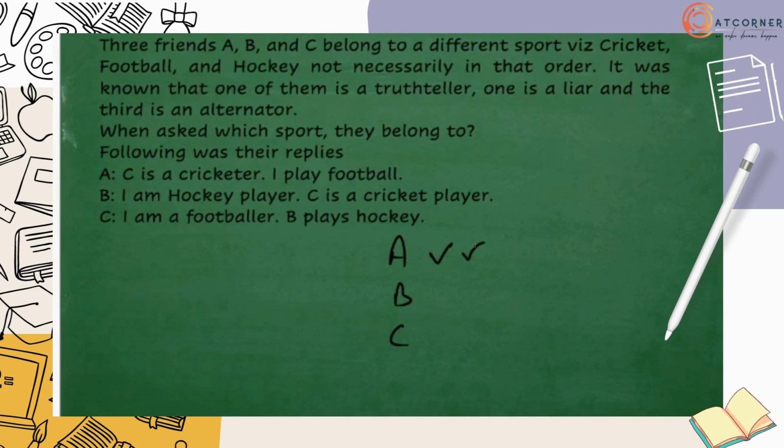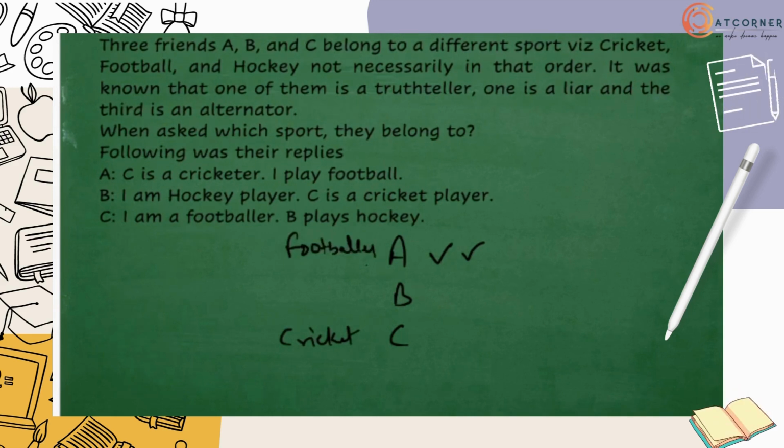We'll get a base here, and through that base we'll anticipate B's and C's statements. If A says C is a cricketer and I play football, and we assume that A is a truth teller, that means both the statements are true. C is a cricketer and I play football. That means A will be a footballer.